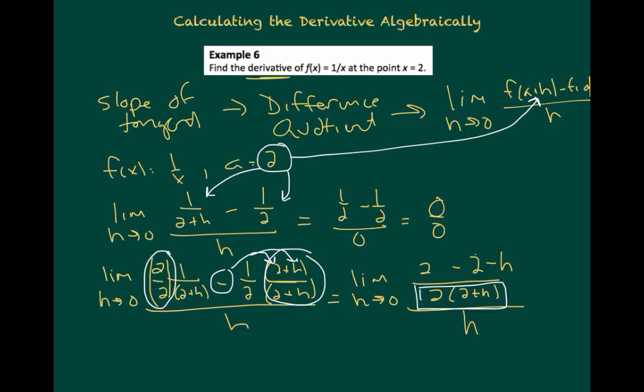Okay, let's take a look at what that simplifies to. That becomes negative h in the numerator over 2 times the binomial 2 plus h, that's my total numerator, that fraction up in the numerator, all over h.